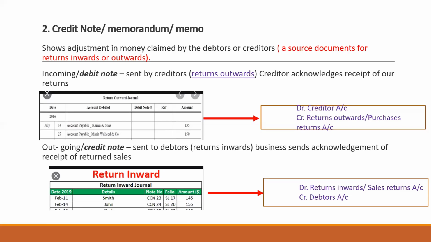What we shall do is open up our journal called a returns inwards journal, or a returns inwards day book. A returns inwards journal is also called a returns inwards day book. A returns outwards journal is also called a returns outwards day book. And in that returns outwards, we shall put those details. I'll put the formats for you there.